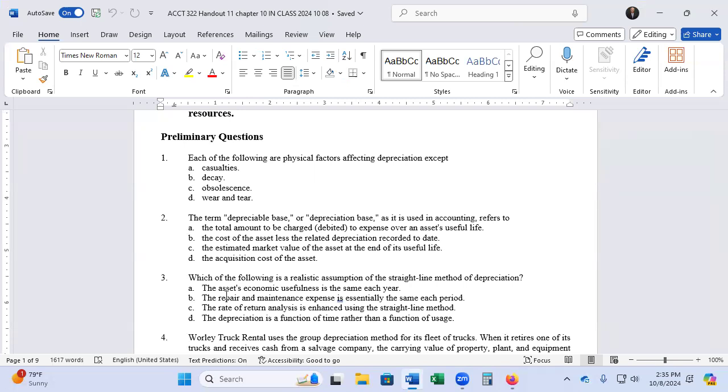Okay, so let's go ahead and walk through these preliminary questions. And these are just some concept questions that I pulled out of the test bank. Each of the following are physical factors affecting depreciation. So this is casualties, and I don't really like their particular use of the word because it typically is associated with a loss of life, right?